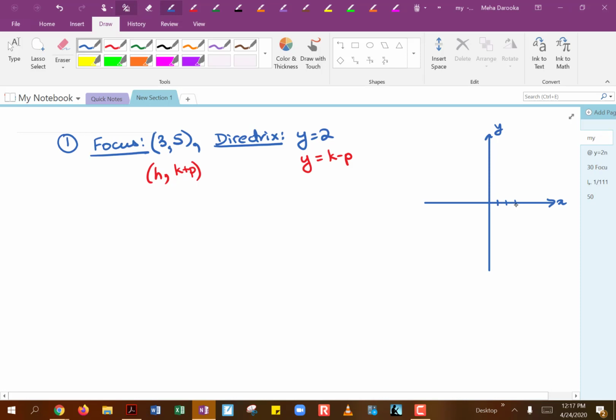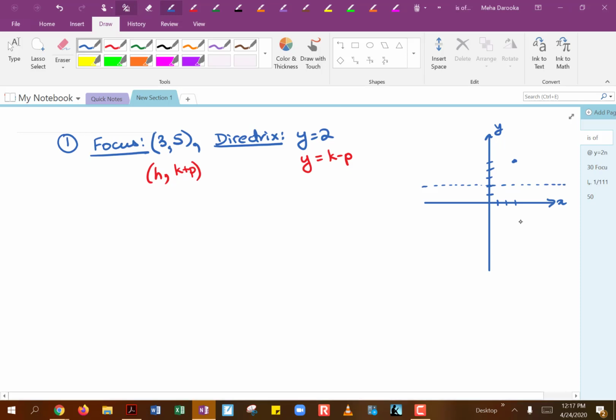So that's 1, 2, 3, 2, 3, 4, 5. So 3, 5, this is where our focus is going to be. And the directrix is the horizontal line which is passing through y equals 2. So y equals 2, of course, is going to be this one right here. So as you can see, my focus is above the directrix.